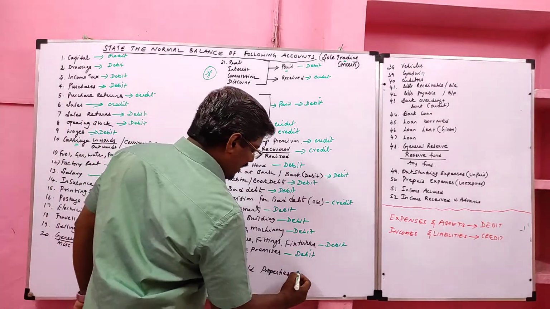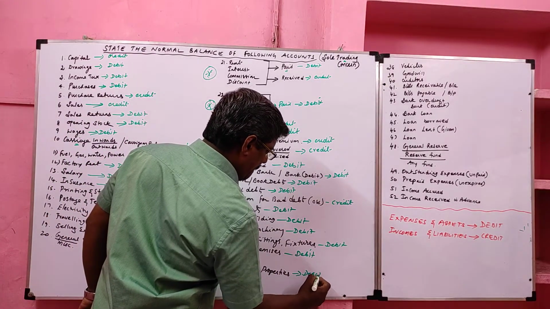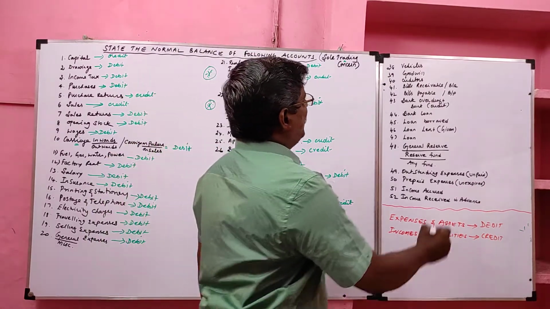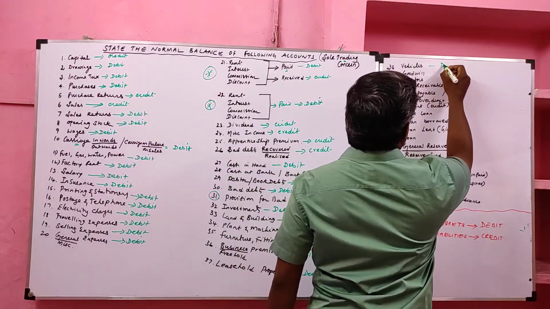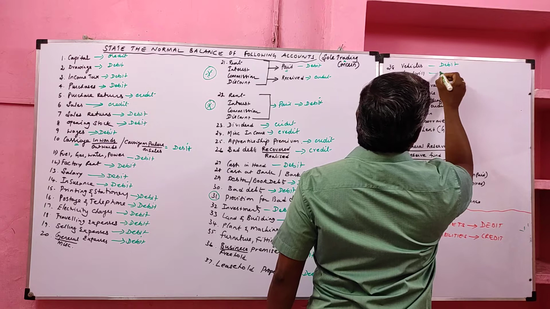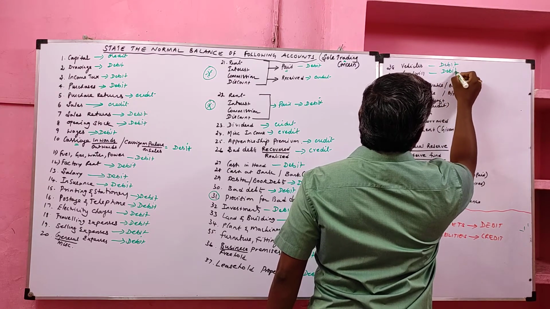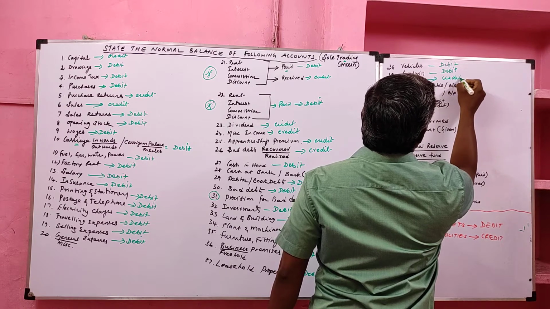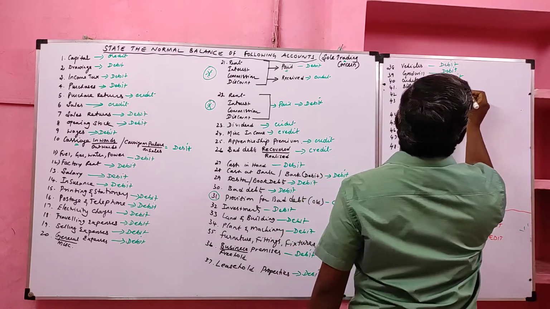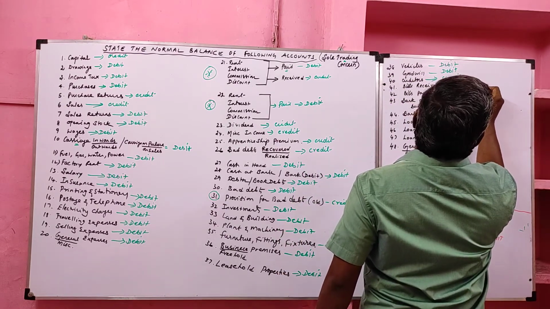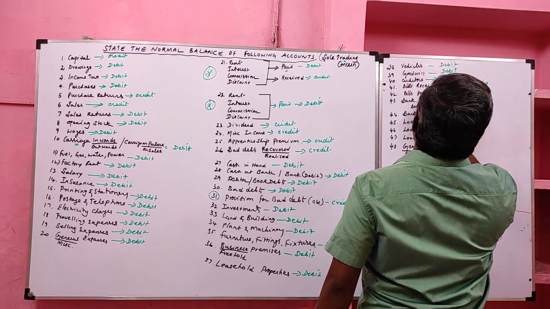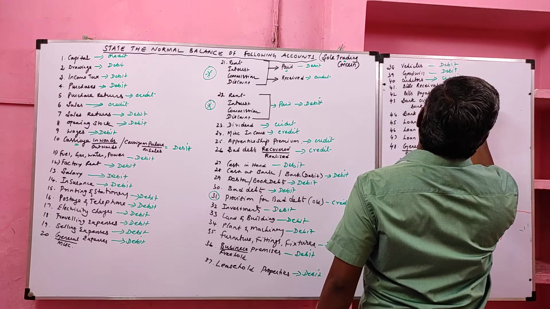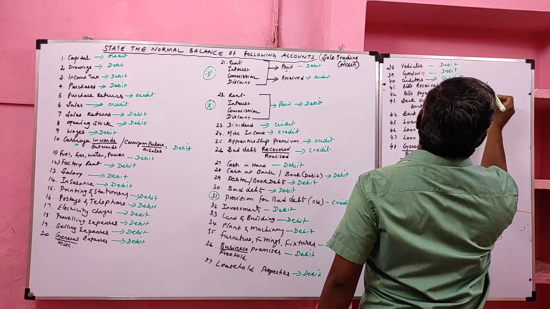Leasehold property, asset, debit. Vehicles, assets, debit. Goodwill is an asset, debit. Creditor is a liability, credit. Bills receivable or BR, asset, debit. Bills payable or BP is a liability, credit.